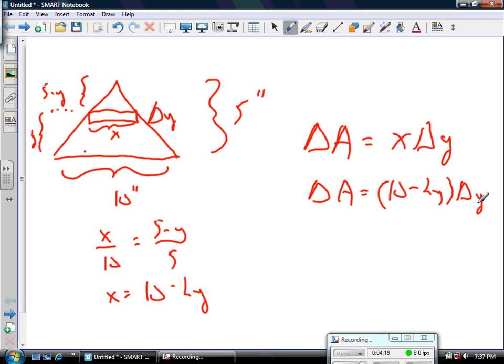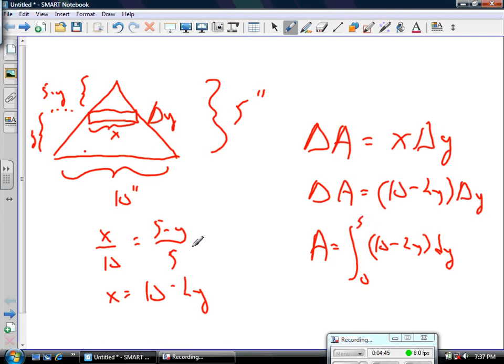Now that I have it all in terms of one variable, I can say, okay, let's take the limit. As delta y goes to 0, then delta A becomes A, the integral of this mess. From what to what? How are the y's varying? 0 to 5.